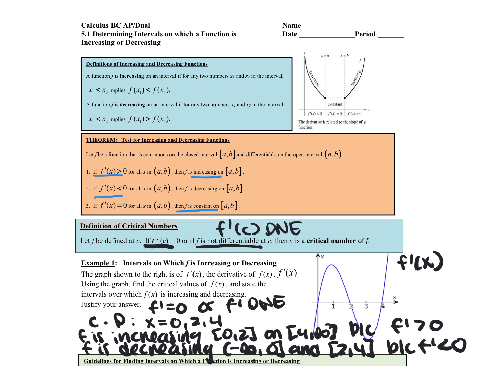So whenever you're justifying if a function is increasing or decreasing, you need to tell me how you know. And usually that's going to be because f prime is positive or f prime is negative. And your critical points are where f prime is equal to 0 or f prime does not exist. Any questions on that one?